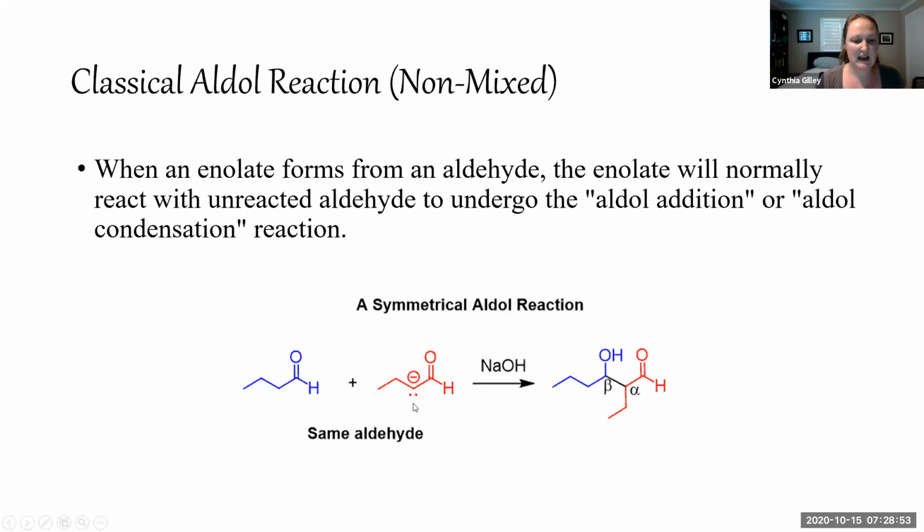The enolate then acts as a nucleophile and attacks remaining aldehyde, which acts as an electrophile, to produce the beta hydroxy aldehyde product. If you were to take this product on to lose water, that would form the condensation product, and you would end up with a double bond between the alpha and beta carbon.